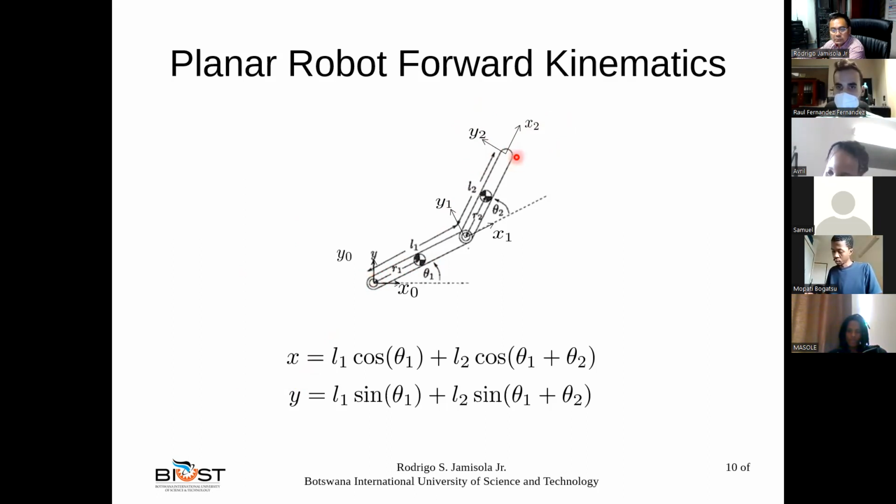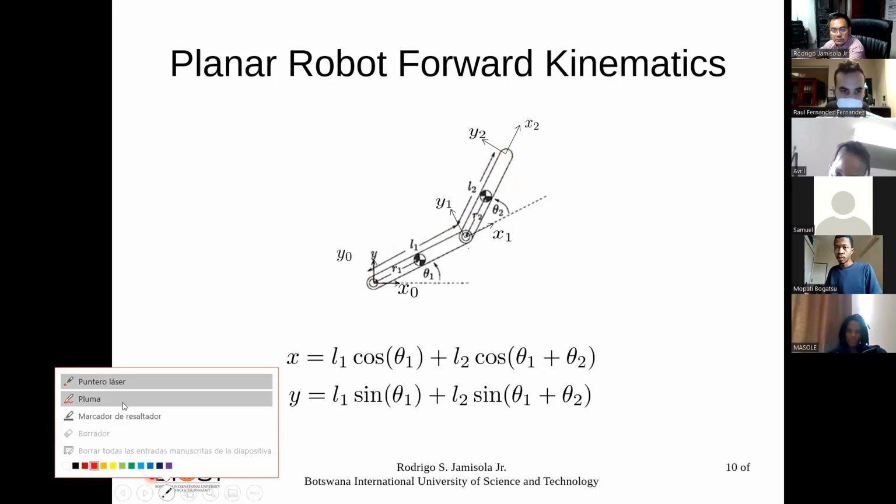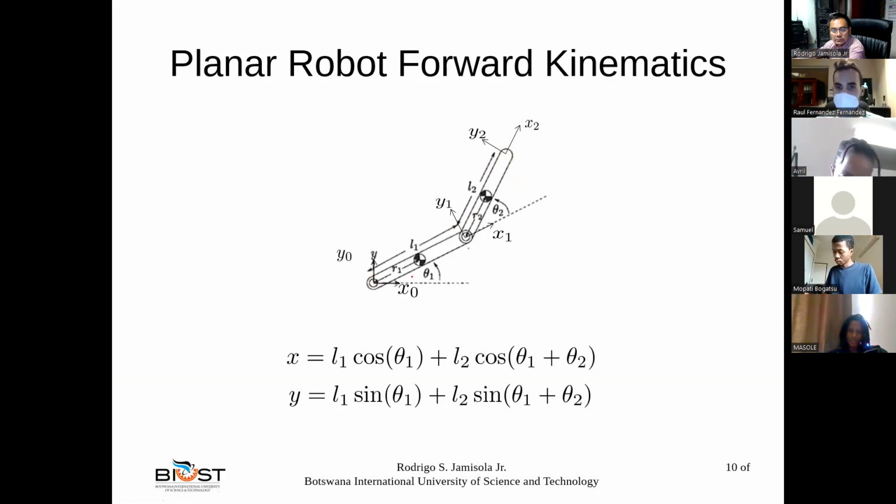So this position, if you remember in your trigonometry class, you can know that here there is a triangle, and here you have this angle, which in this case is θ1.